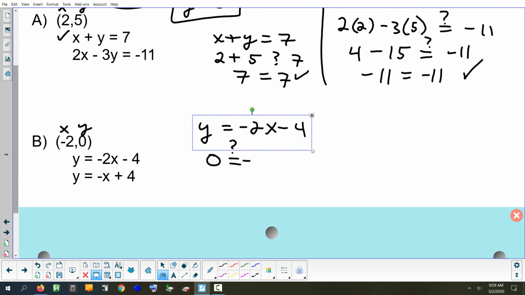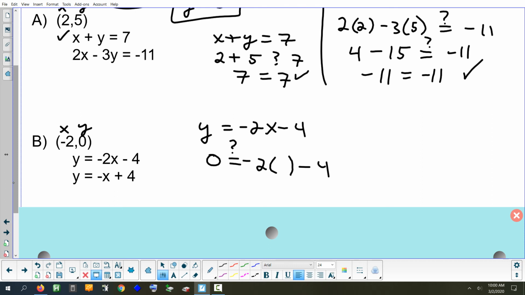Negative 2. Just leave some space. We just copy down everything except what we have to fill in for. Olivia, what am I filling in for x? Negative 2, yeah. And now we'll do it out and see what we get.